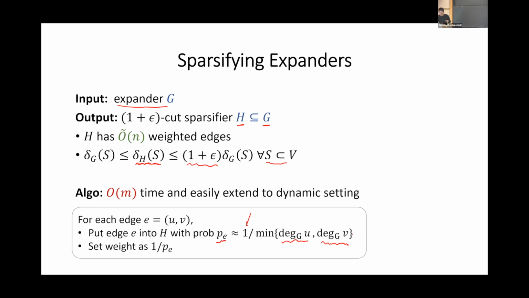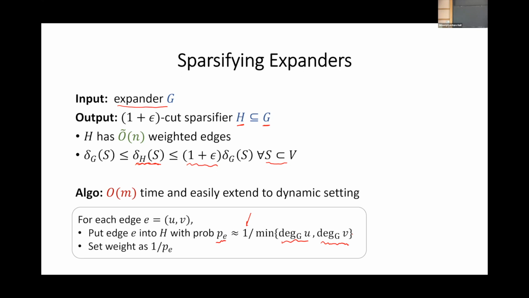Now you just sample the edge into H with probability p_e. And if you pick it, then you set the weight to be 1 over p_e, just so that in expectation, the weight is preserved.